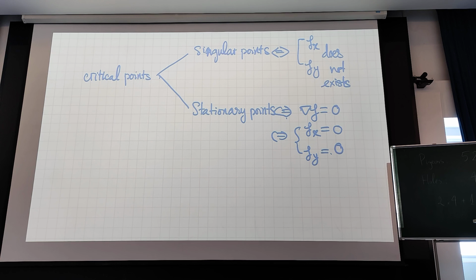But keep in mind that critical points should be interior points. So we have three types of points: boundary point, interior point, and exterior point, depending on the domain of the function.